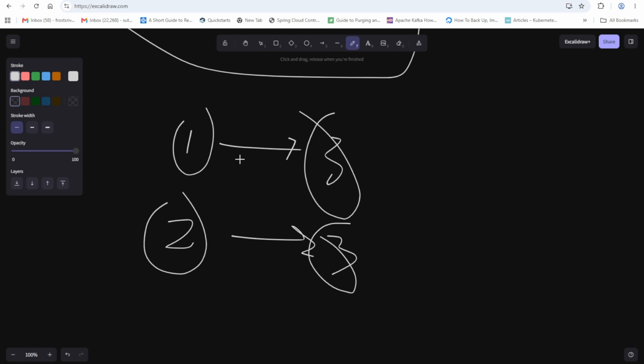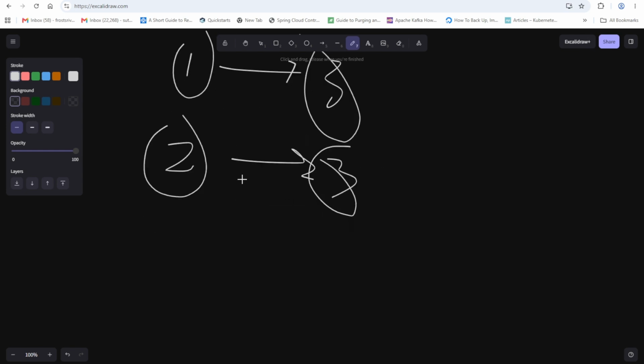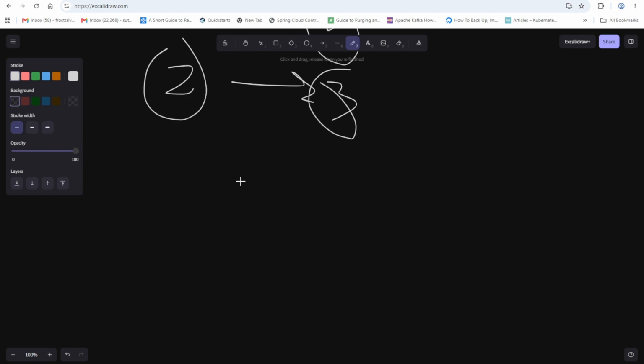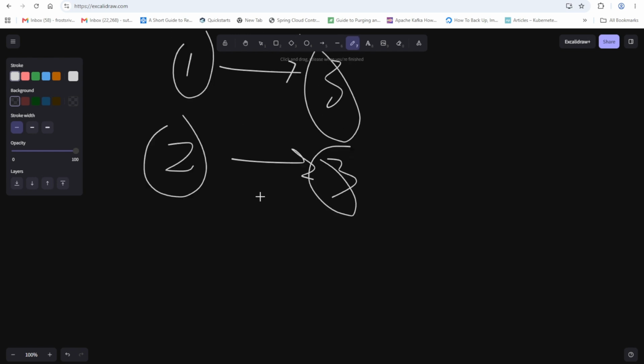Our first main aim is to find these two edges, and for that we need to find these two parents. It is also sure that only one node will have such a condition in our question. Only one node will have two parents, and those two parents will be responsible for forming one extra edge, and we don't know which is responsible, either 1 to 3 or 2 to 3.